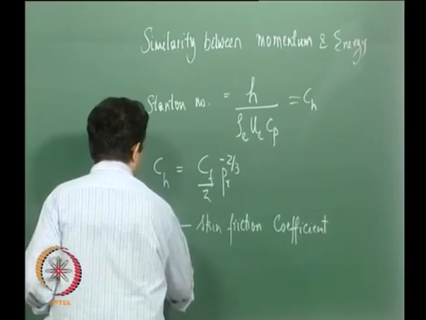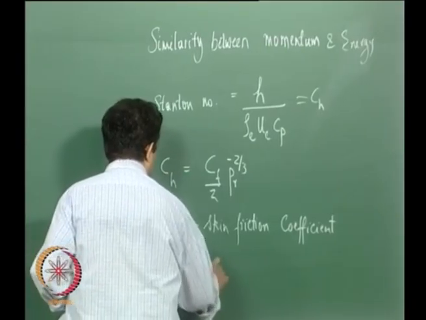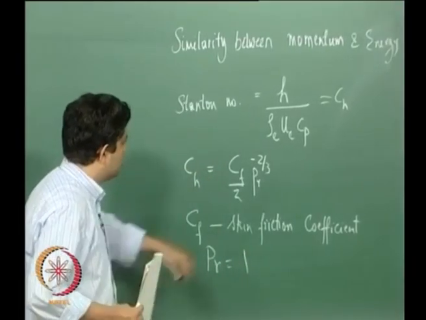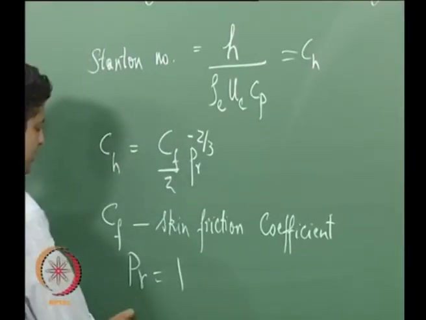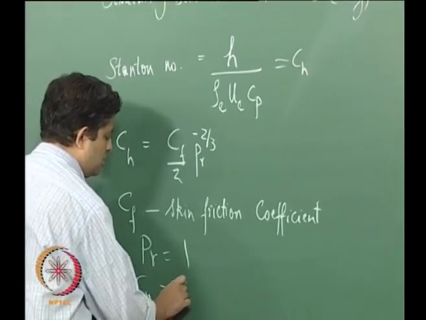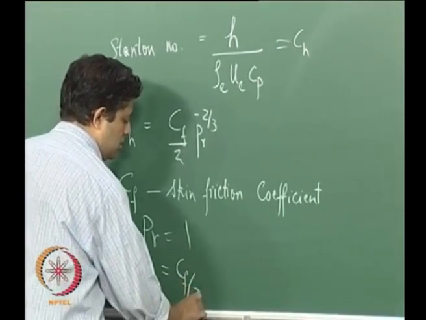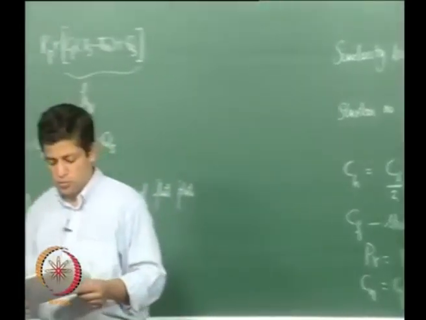And we know that the Prandtl number is close to 1 for gases. So this term becomes merely Ch is equal to Cf by 2.